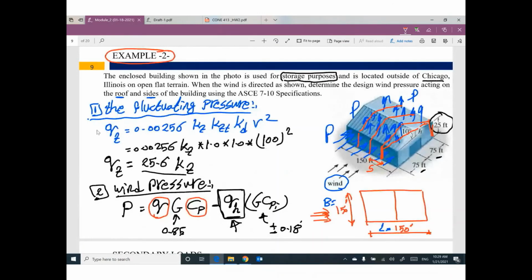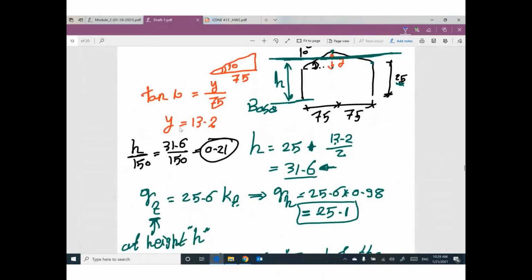The first step, what is the fluctuating pressure? QZ. QZ will be a function of KZ. Then for the wind pressure, we have this equation. To use this equation, we need to figure out which part you are looking for.